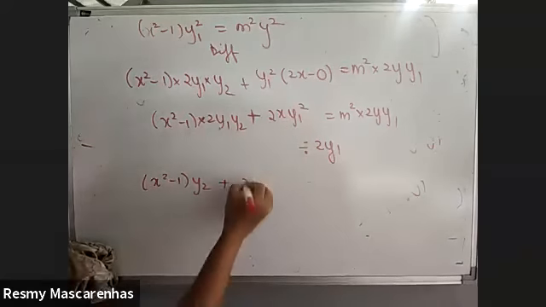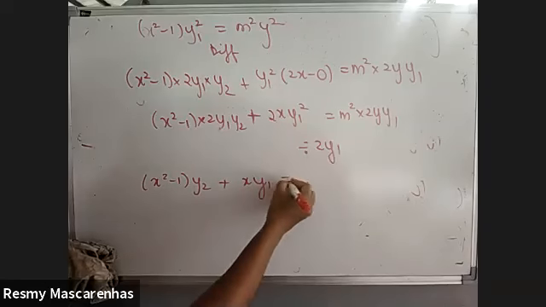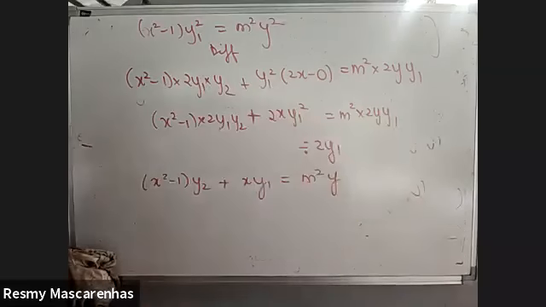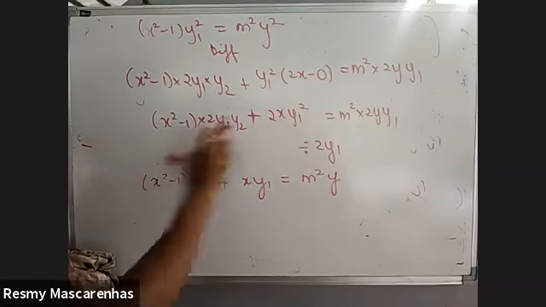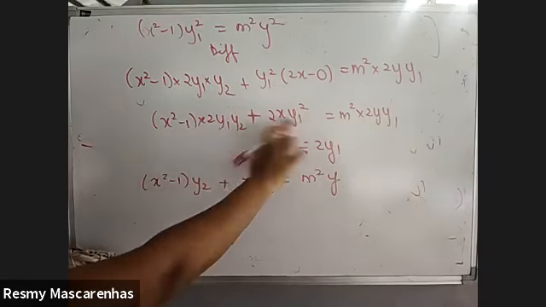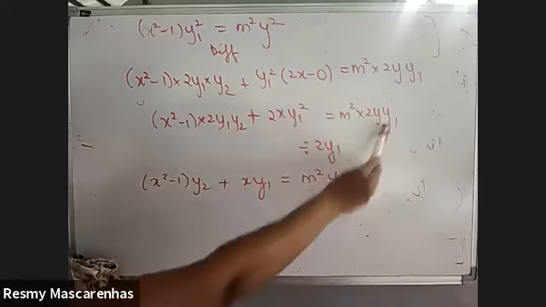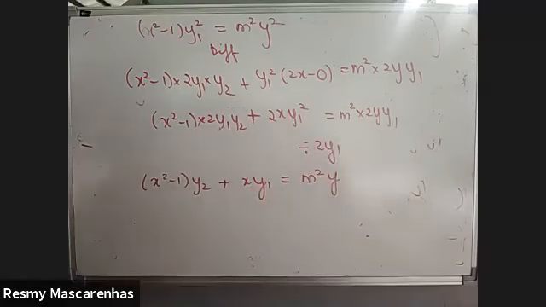So 2y1, so only xy will remain. M square y. So everywhere remove 2y1. Here also 2 will go, y1 will go. So only 1 will be left. Here 2y1 will go, only y will be left.